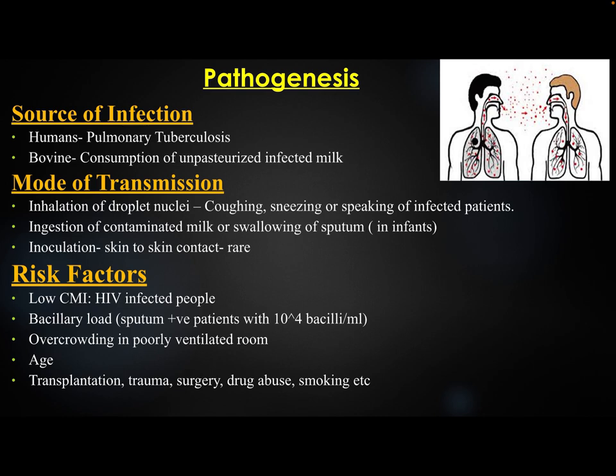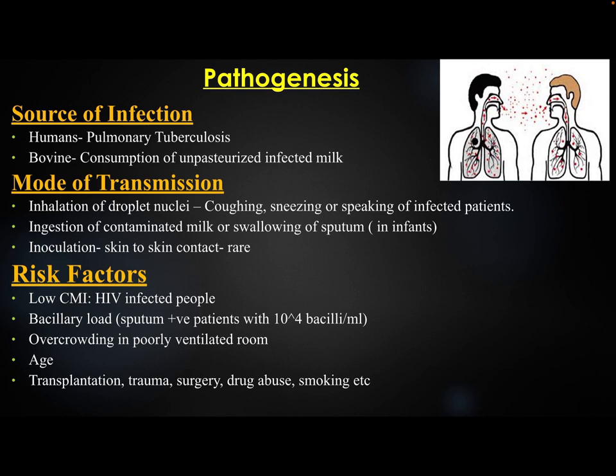The mode of transmission is by inhalation of droplet nuclei, that is while coughing, sneezing or speaking of infected patients, ingestion of contaminated milk or swallowing of sputum in case of infants, and inoculation through skin to skin contact, which is a rare mode of transmission. We can simply call it the 3 I's: inhalation, ingestion and inoculation.